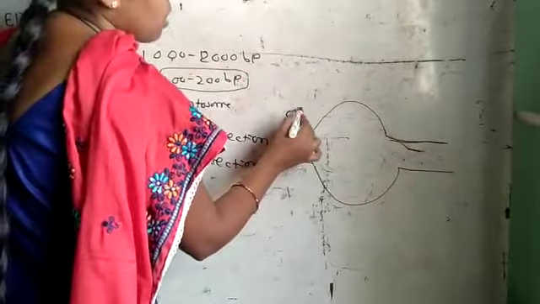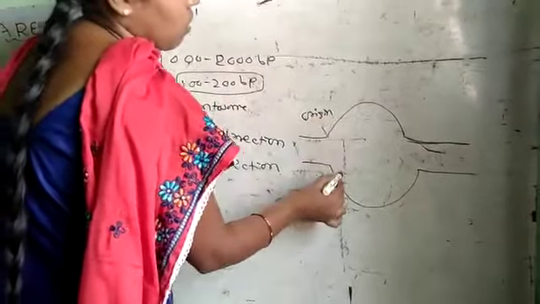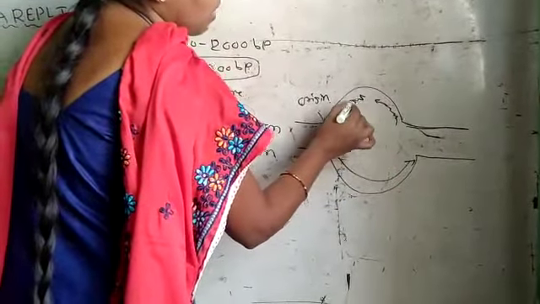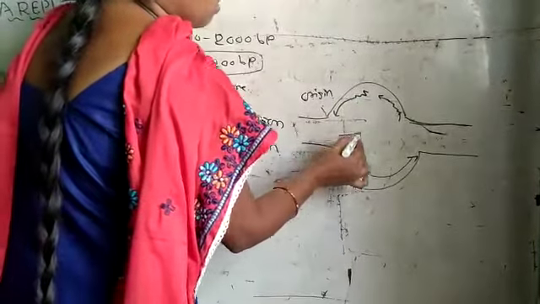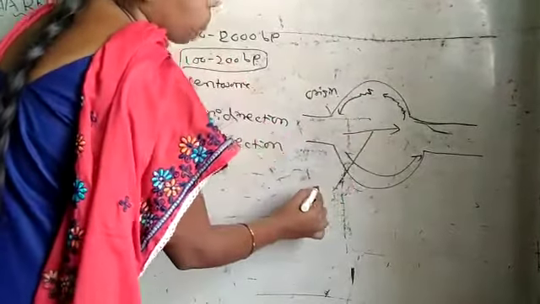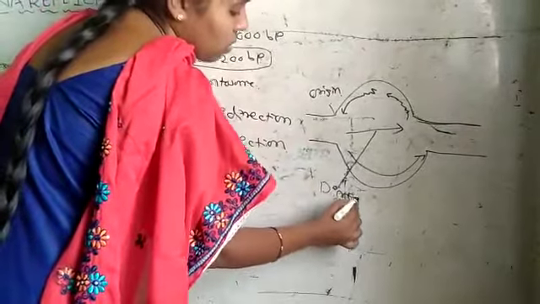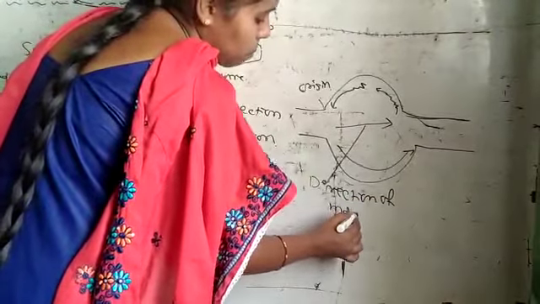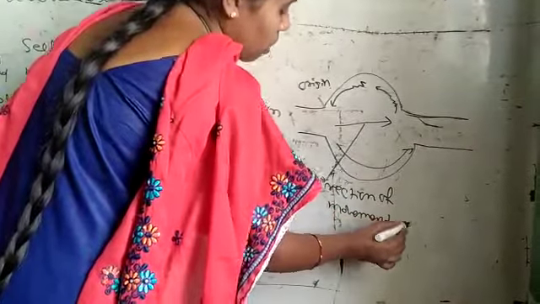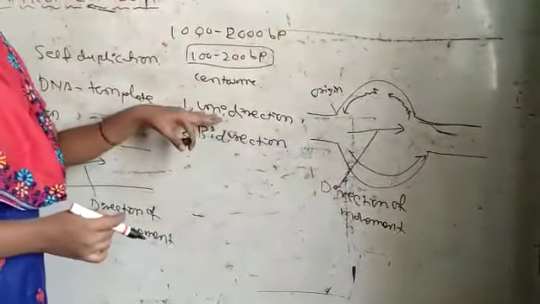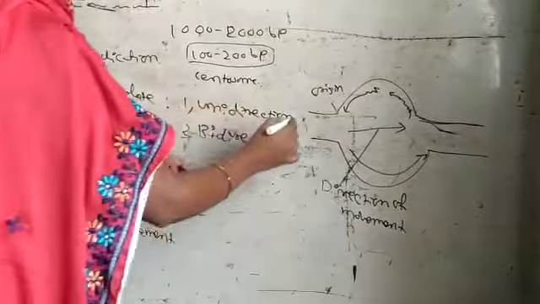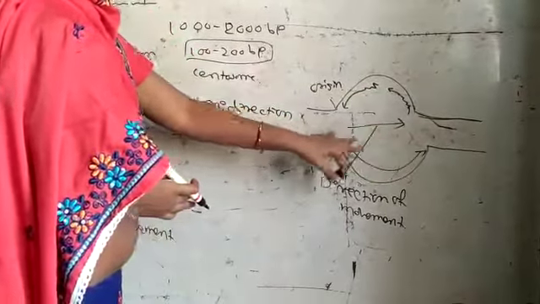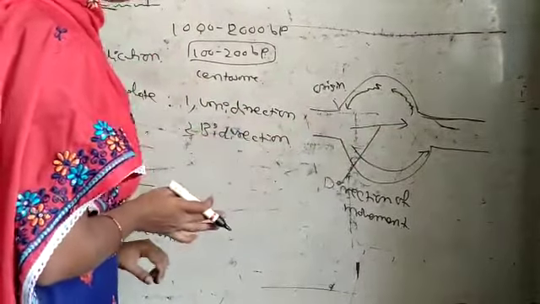This is the origin, this is the leading strand, and this is the lagging strand. This is the direction of movement. In the unidirectional manner, the replication is in only one direction, so that's why it is called unidirectional replication.